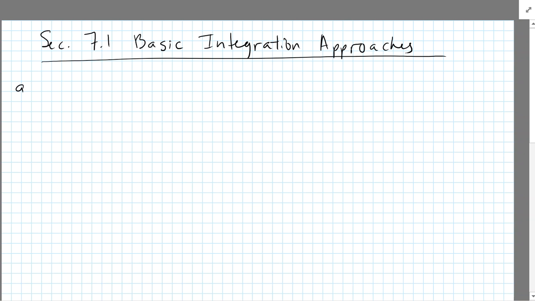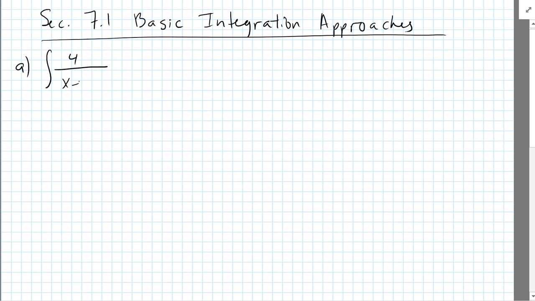So I'll start with A, and it is going to be the integral of 4 over x squared plus 9 dx. And then I'm going to give you B, which is going to be the integral of 4x over x squared plus 9.